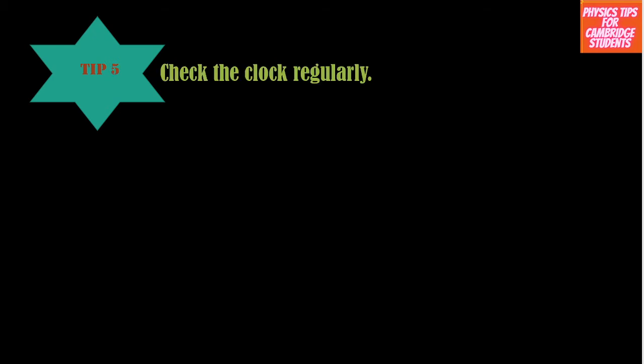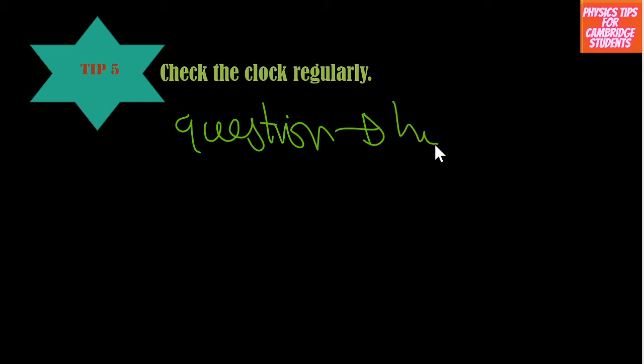So going back to that point where I said that you should check the clock regularly, you are checking now, like you're looking at a question and see how many minutes you've taken to finish it. How much time you spent.